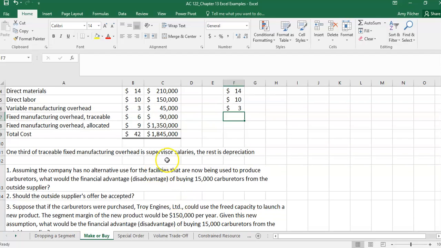Then we also have the supervisor salary. So traceable costs are relevant. So traceable fixed costs would be relevant. But we know that depreciation is not relevant. So we need to remove the depreciation from our traceable fixed costs. So 1/3 of $6 is $2.